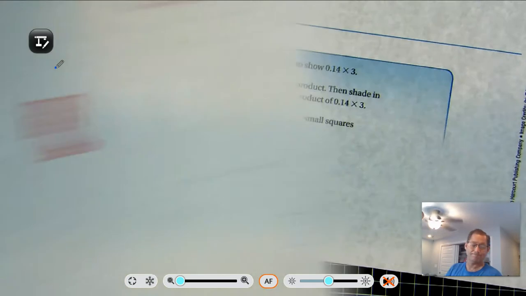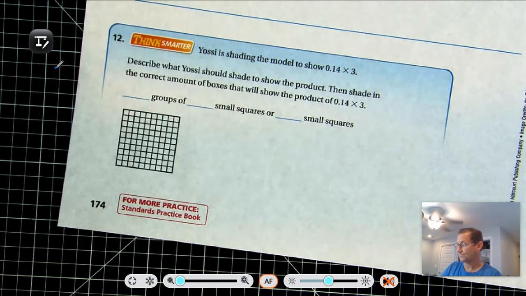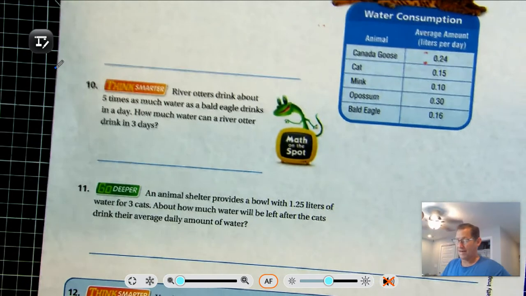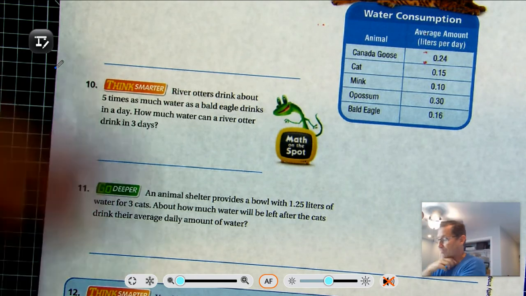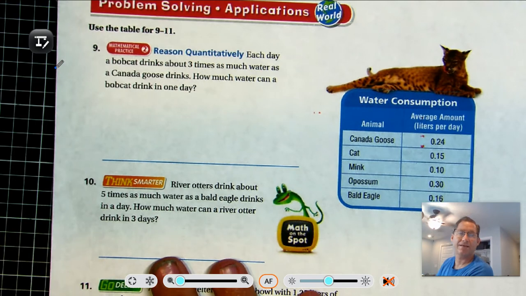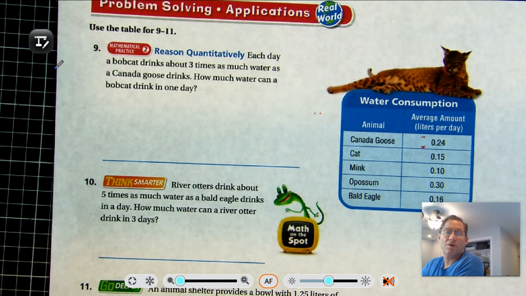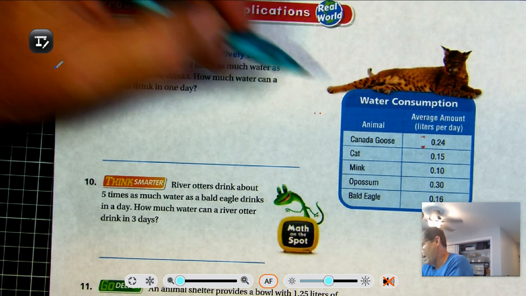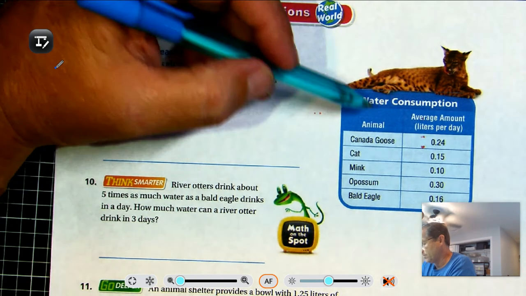Okay, number 9. Each day a bobcat drinks about 3 times as much water as a Canada goose drinks. How much water can a bobcat drink in one day? So we have the amount of water consumption by these animals.